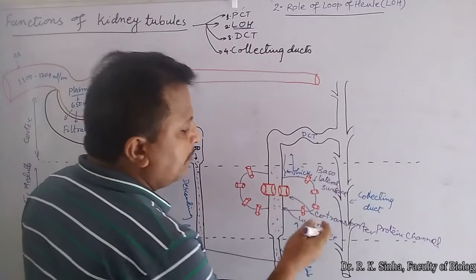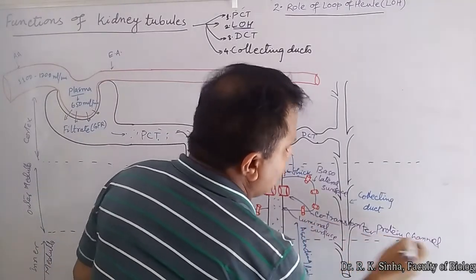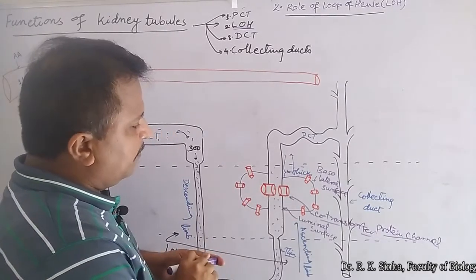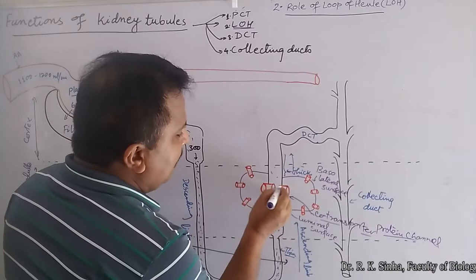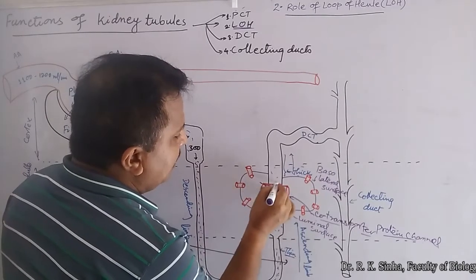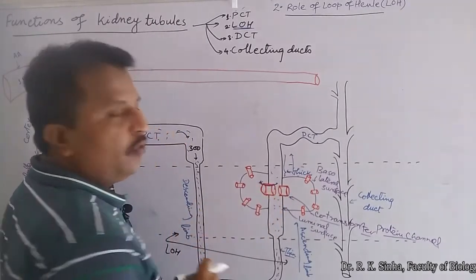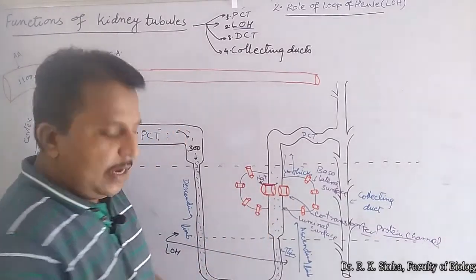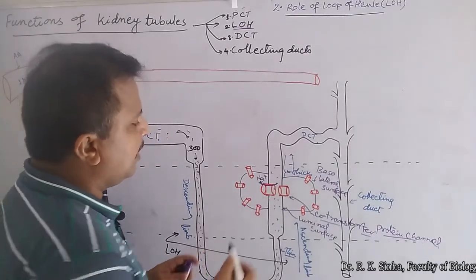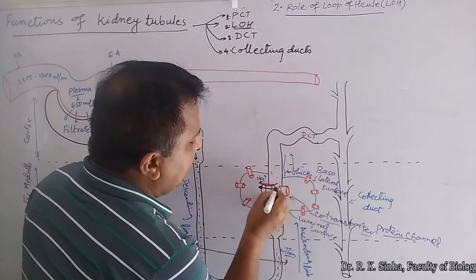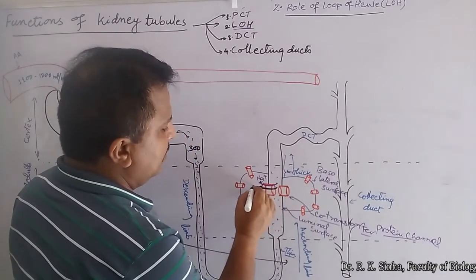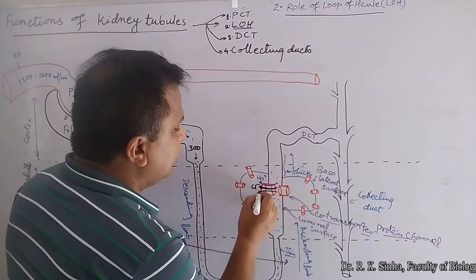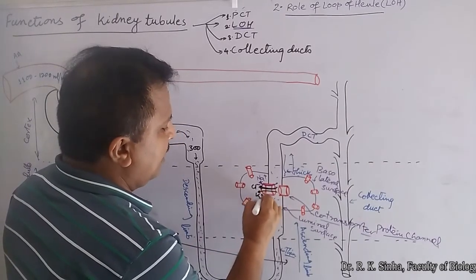Now what will happen? What is the role of this co-transporter protein channel? This co-transporter protein channel will actively, by using ATP, take in sodium ion, and along with this sodium ion, in the same direction, it will pass chloride ion, and it will also pass potassium ion.